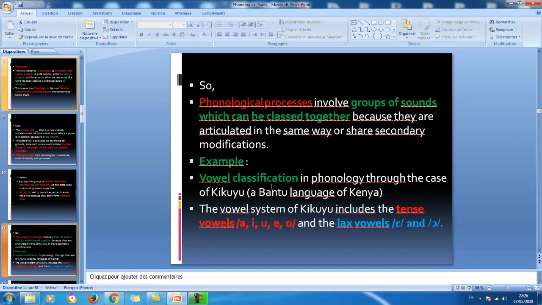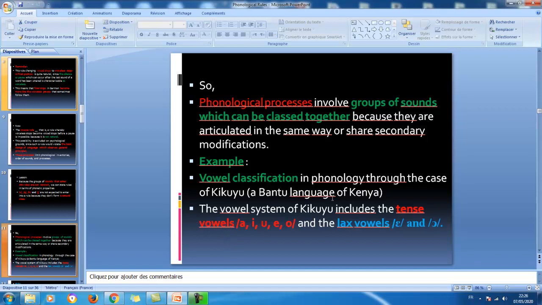Now here we are going to talk about a concrete example of a rule taking into consideration a group of sounds. So this example concerns this language, Kikuyu, which is a Bantu language of Kenya.